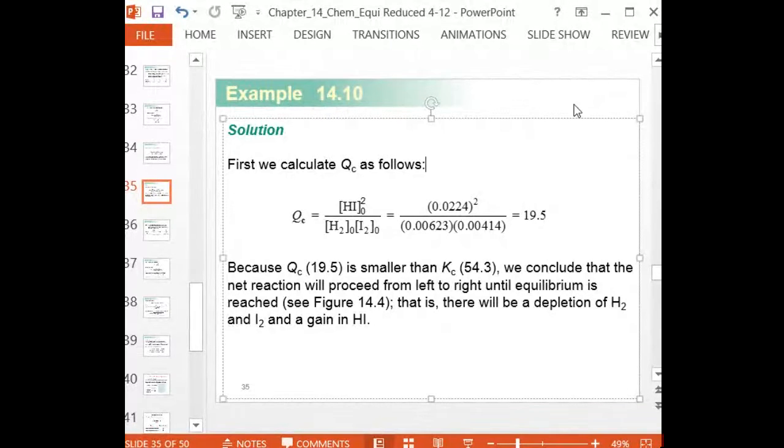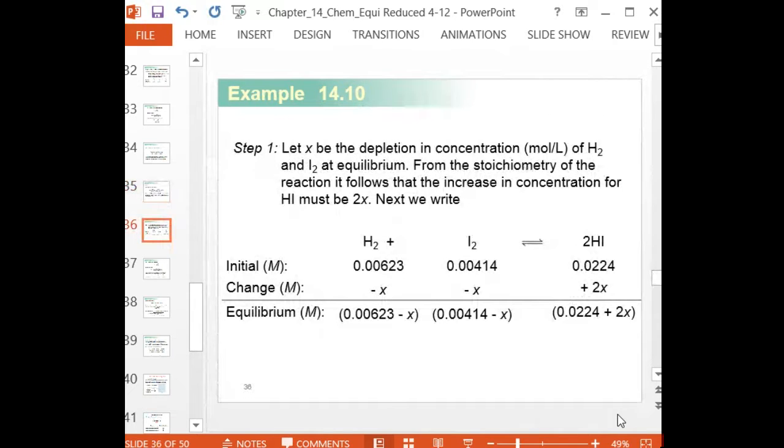Yes. Alright. So this is all about the Qc you calculate, because first you have to decide whether the reaction proceeds left to right or right to left. Now it has been decided, because Qc is less than Kc, the reactant is used first and product is formed. Then we write down the ICE table like this.